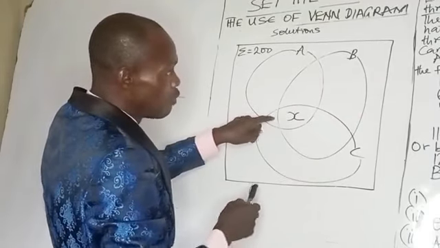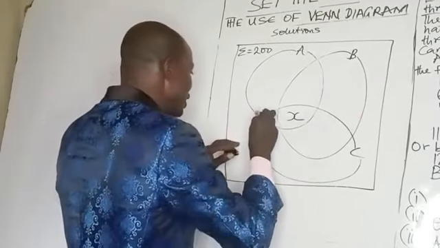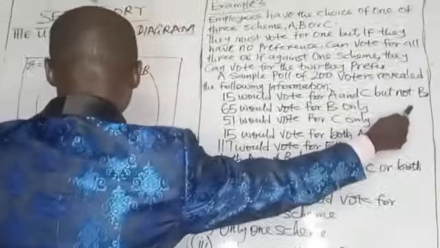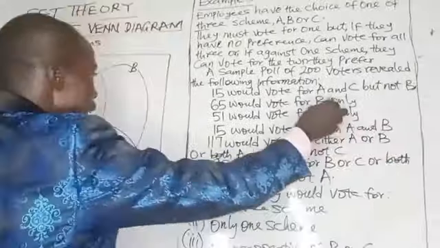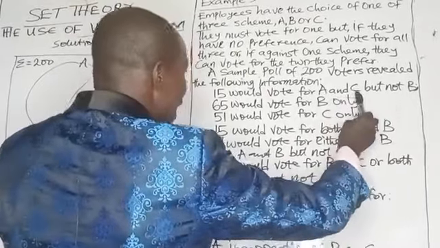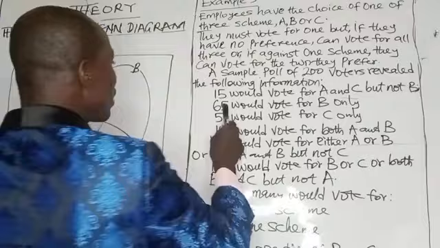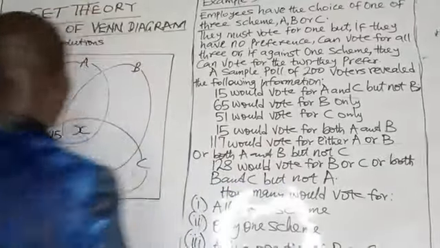So this place is 15. That is why we cut away B.